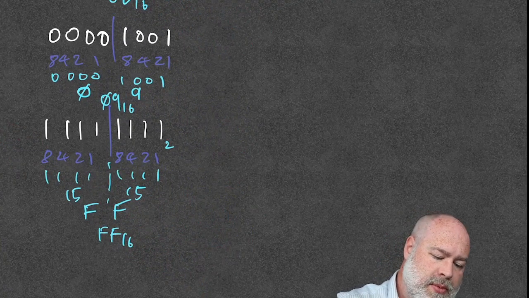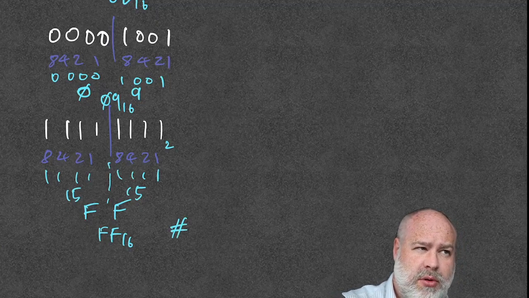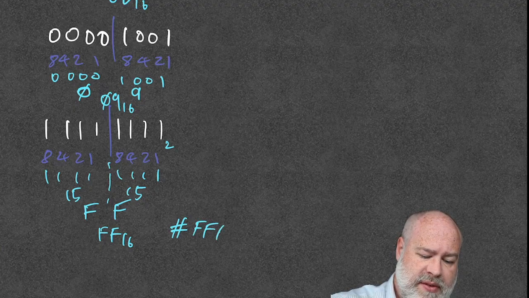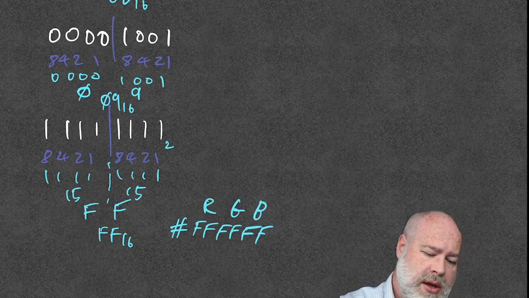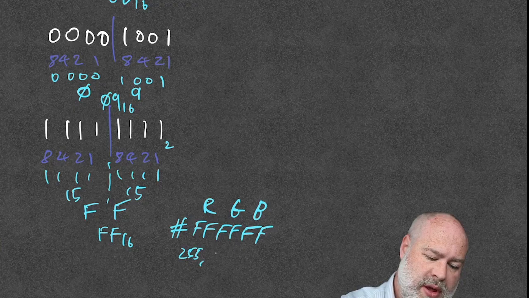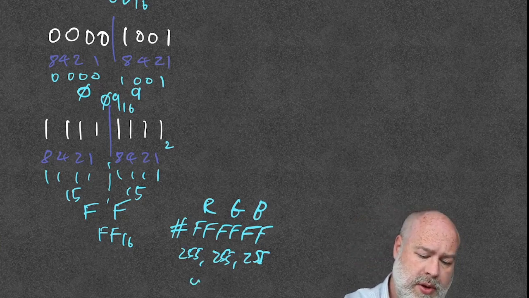And you'll probably recognize that from Photoshop or web design when you have hash or octothorpe, as they call it, FF, FF, FF, which stands for red, green, and blue, RGB, so it means 255, 255, 255. The maximum value of red, maximum value of green, maximum value of blue is white.